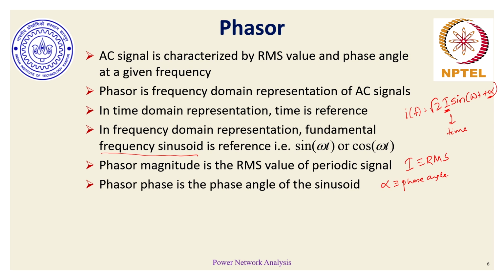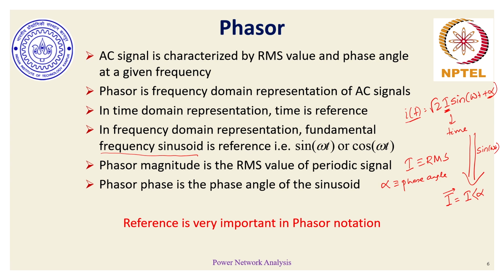So essentially, the point being made is, if i of t is a time domain representation and this needs to be converted into a phasor representation, assuming sine omega t as the reference for phasor, then the phasor, let's say with an arrow on top, would be equal to capital I at an angle alpha. So essentially, in phasor representation, the definition of reference is very important.